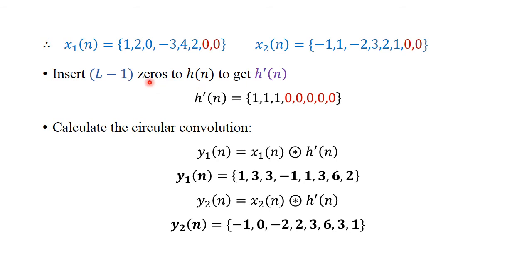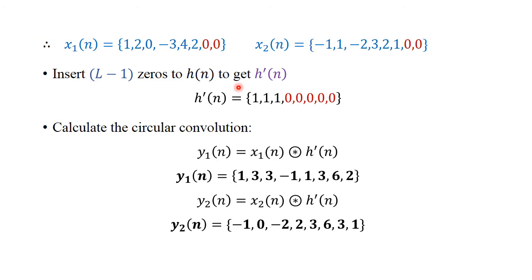The next step is to perform the circular convolution later. While performing the circular convolution, we have to perform x1 with h of n, and x2 with h of n. As per the criteria of circular convolution, the sequence lengths of x and h must be the same. Therefore, before performing the circular convolution itself, we are going to make the lengths of x as well as h equal.